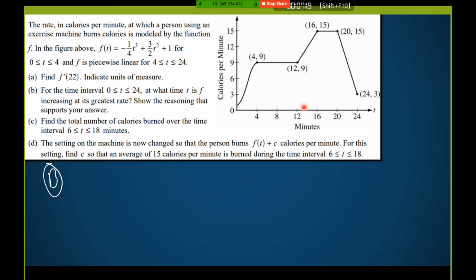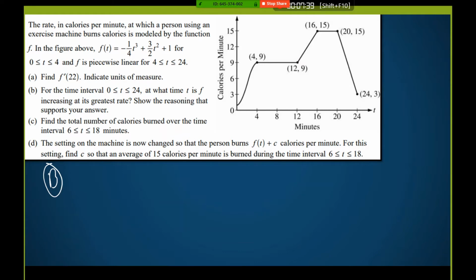Nini, where on this graph is our function increasing? From x equals 12 to x equals 16. Yes.